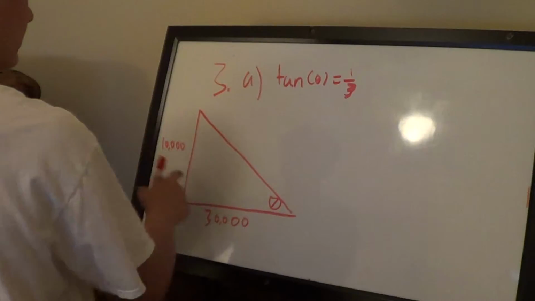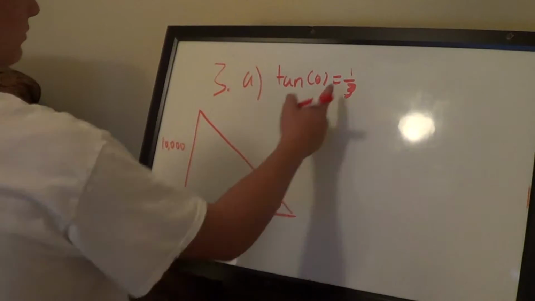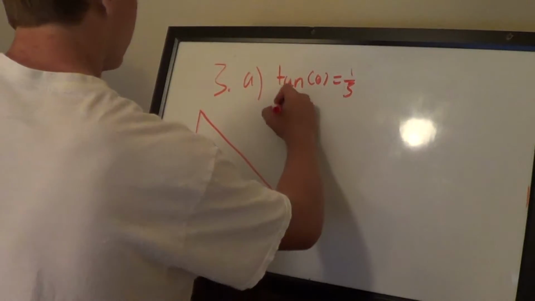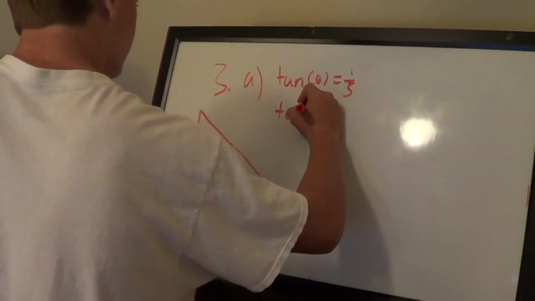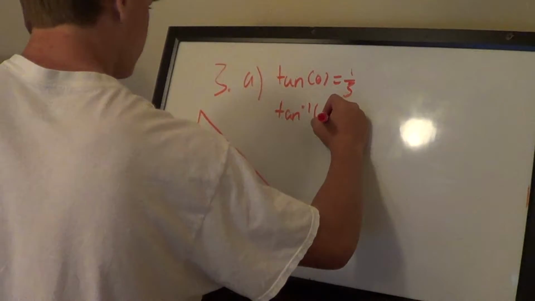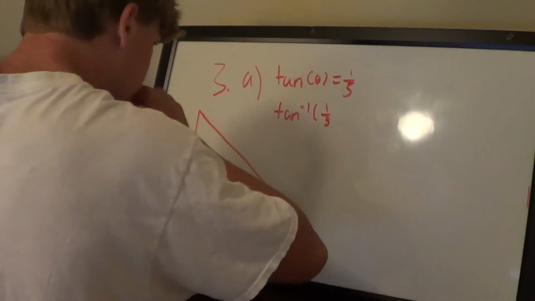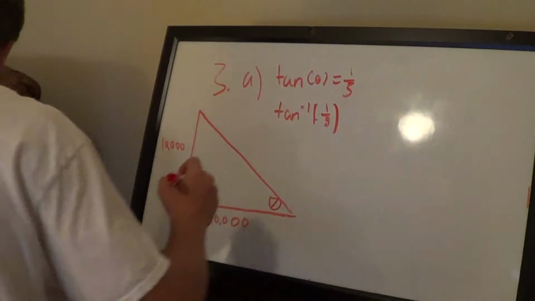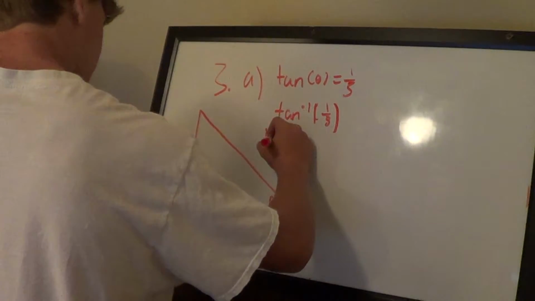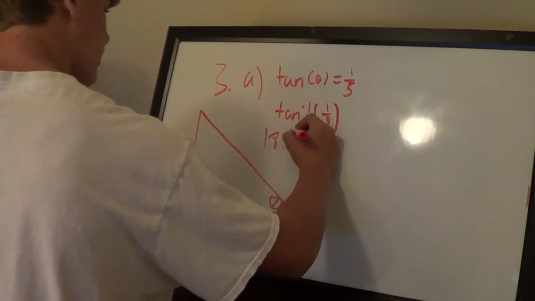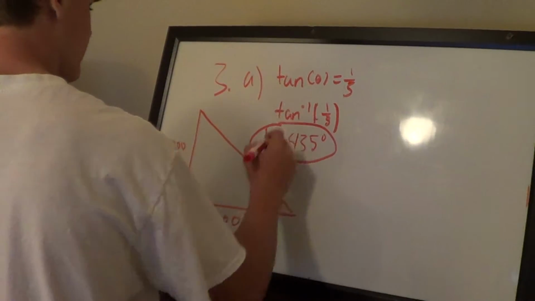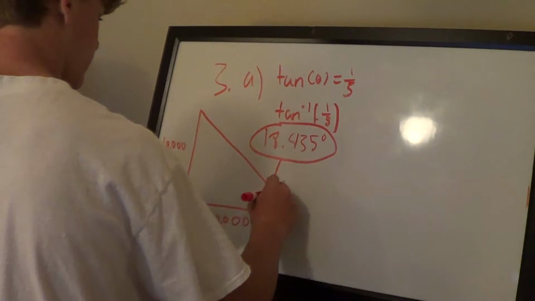Because essentially 10,000 over 30,000 is 1 over 3 when simplified. So we have to do tangent inverse of 1/3. And that comes out to equal 18.435 degrees. And that is the answer to A. That is the answer to the angle.